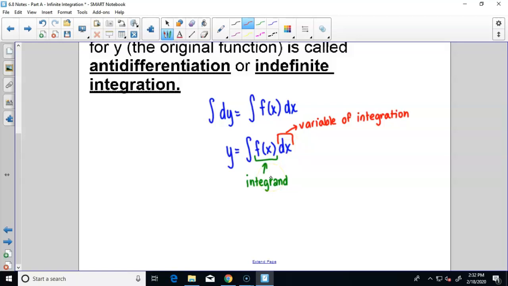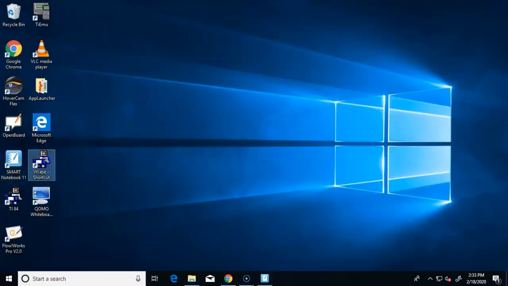It is something really easy to forget and neglect to write down, because it doesn't really do a lot, because it's really just there to tell us what we're taking the integral of. It's kind of like when you do it in your calculator. Let me show you. It's kind of like your comma x.